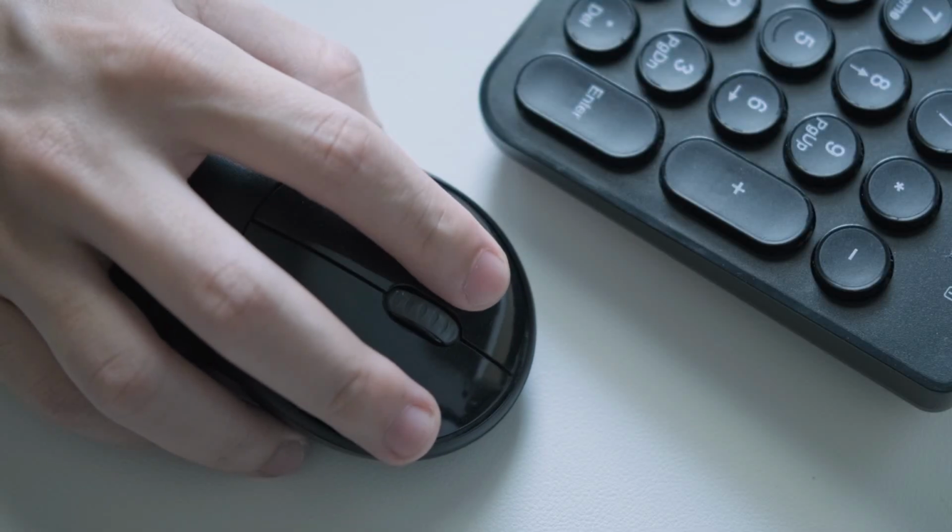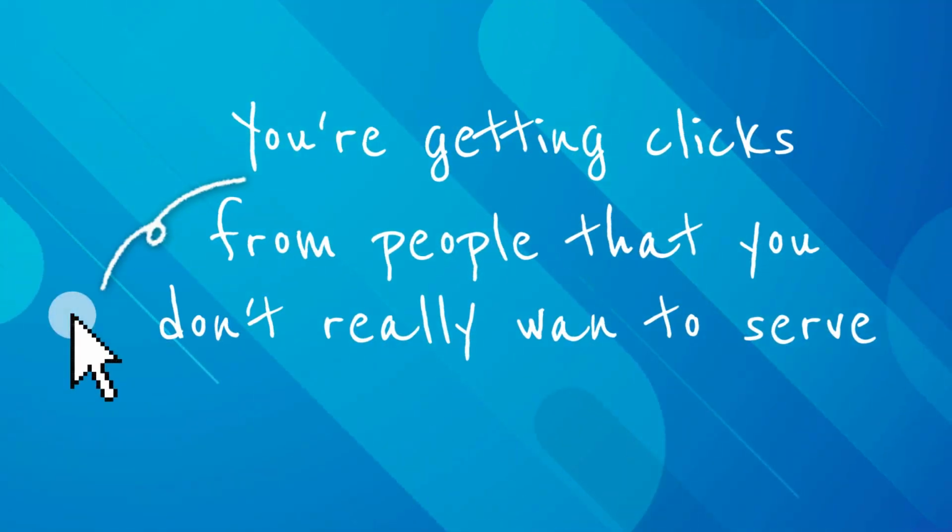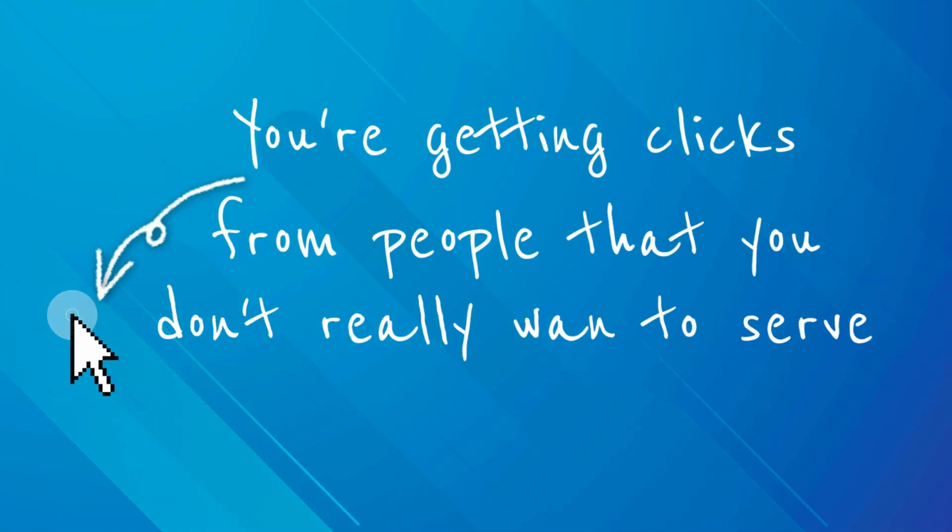So if you are going to break that down a little bit more, I'm imagining in my head, why are people looking at this video? I'm trying to help you figure out your problems without even knowing exactly what your problems are. And I'm assuming that you're getting clicks from places you don't want to get clicks from. So maybe it's India, maybe it's the Philippines, maybe it's Canada, maybe it's just Texas and you're in Tennessee, or whatever the situation is, you're getting clicks from people that you don't really want to serve.